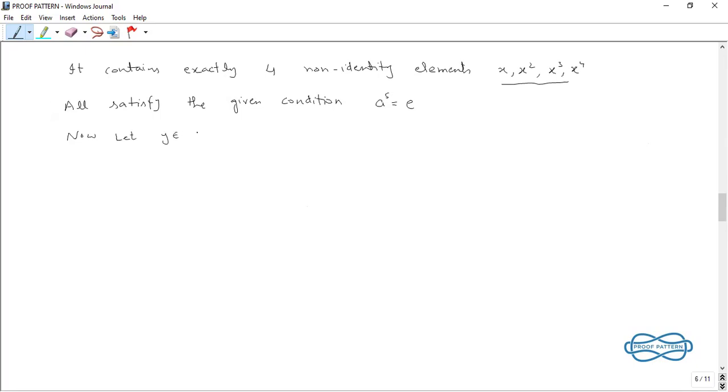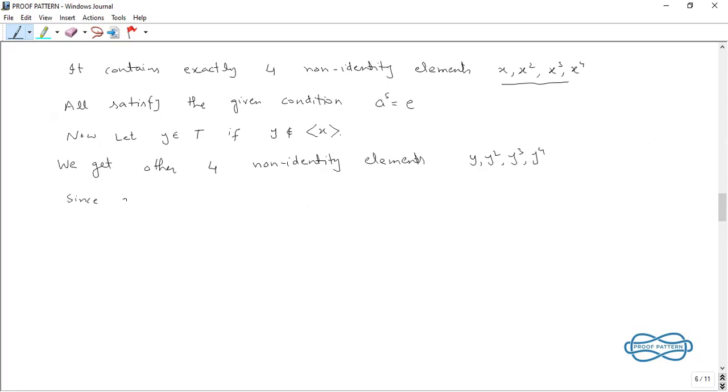let y belong to T. If this y does not belong to the set generated by x, we get other 4 non-identity elements, because y belongs to T, so y to the power 5 will be identity. And the other 4 non-identity elements are y, y squared, y cubed and y to the fourth, exactly in the same way as we found for the set generated by x.